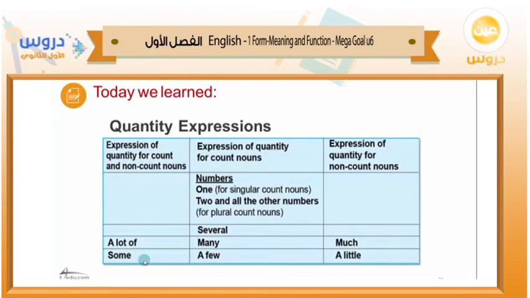And for the numbers, for the singular, for one, like one book, two books, three books, and two and more, which are in a plural now, we say several books, many books, a few books, several cars, many cars, a few cars, several students, many students, a few students. So it's always countable.